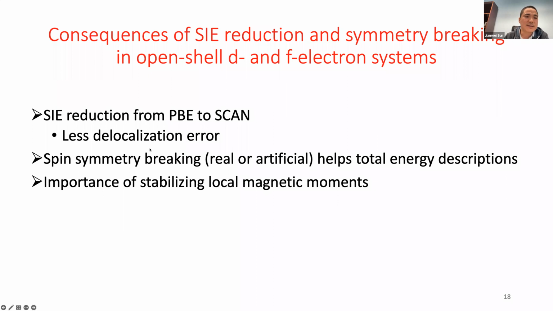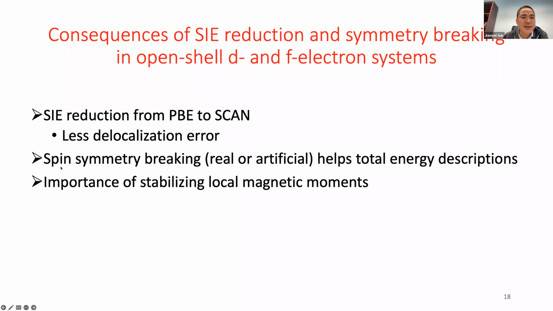So this makes the electrons more delocalized. But if you have a better functional that has smaller self-interaction error, then this delocalization error will be smaller.